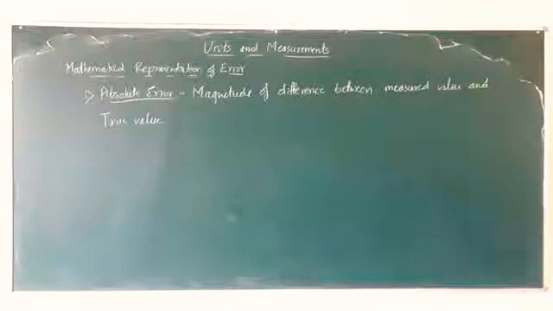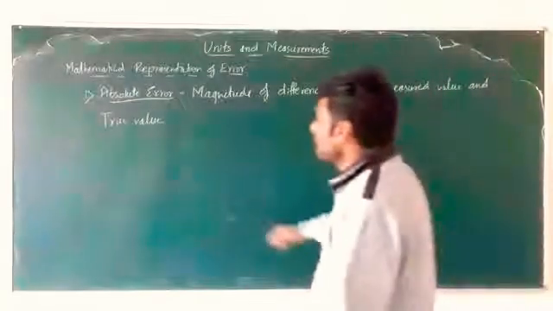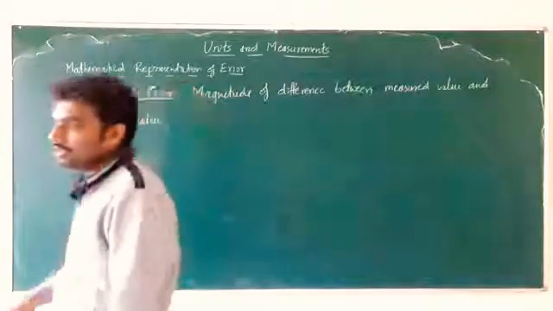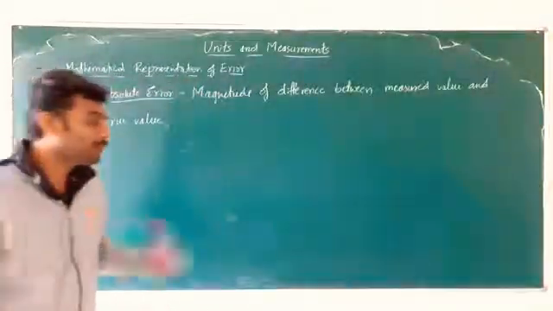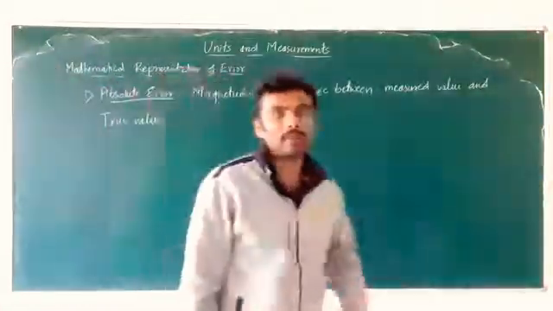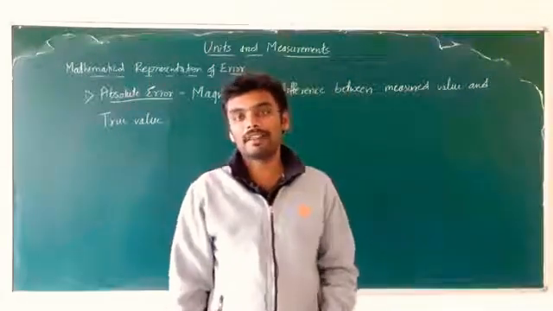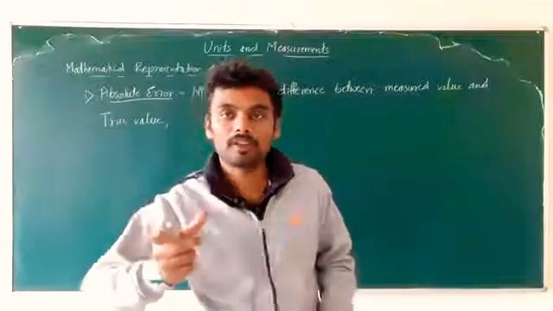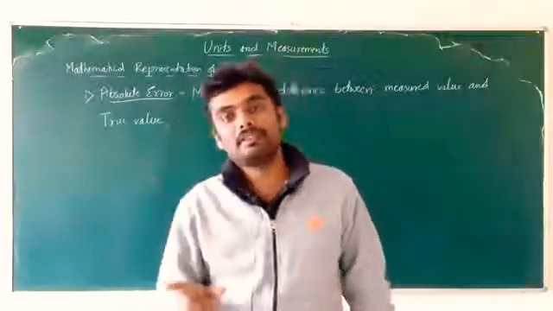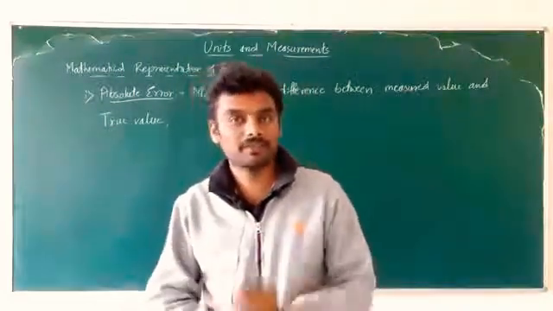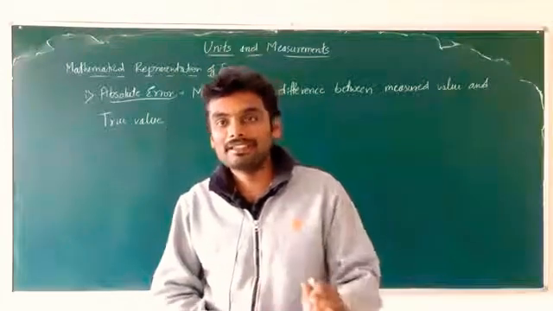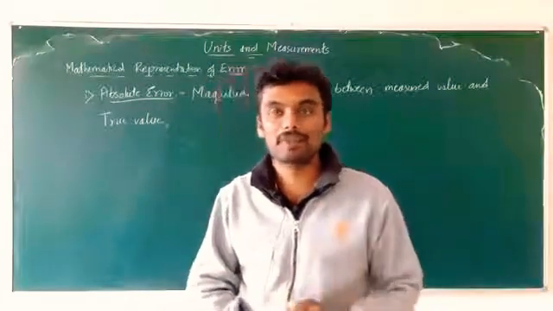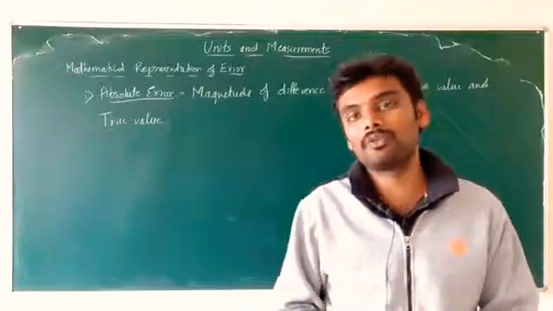And here the true value can either be given or shall be obtained during the experiment itself. Just as an example, in the previous example that I took, 100 gram toothpaste, the true value is given, the true value is 100 gram, it is fixed. But in certain experiments, in certain measurements, we will not have the true value given.